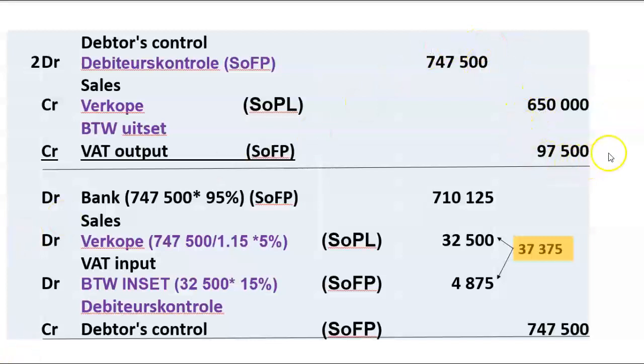Therefore, I actually overpaid the receiver of revenue VAT, and now he allows me to do the correction entry. So it says, although you paid me VAT output on a full amount, I will allow you now to claim back that portion that you didn't receive. And that is the VAT included in the 37,375, i.e. the 4,875. So I'm going to debit my VAT input account, statement of financial position.